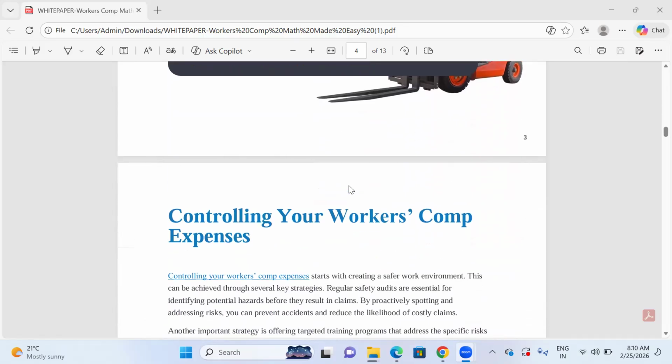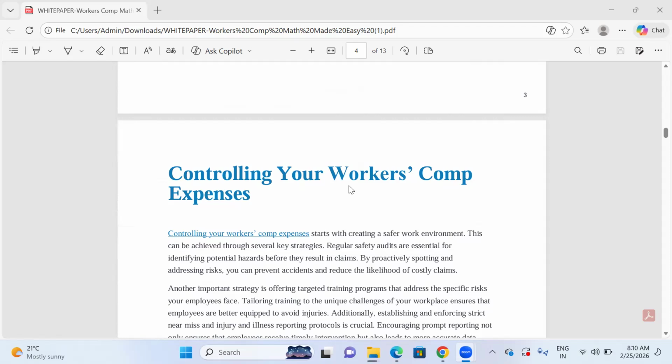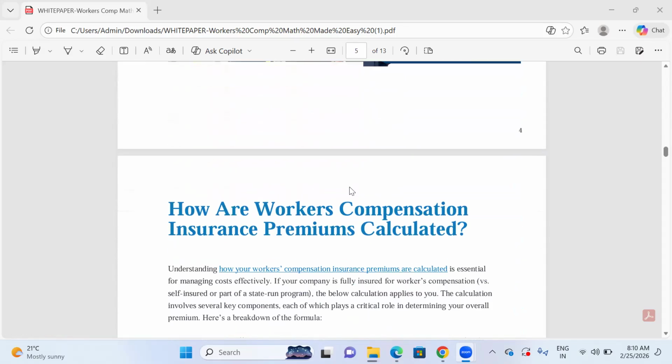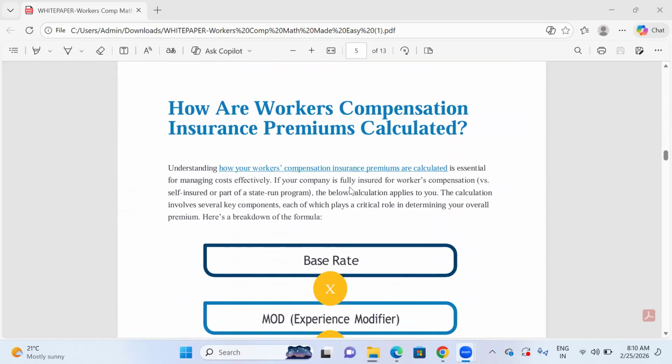So based upon the kind of data available, when it comes to controlling workers' compensation expenses, this is generally how insurance premiums are calculated. Premium calculations are important because we need to understand workers' compensation insurance premiums to manage cost effectiveness.